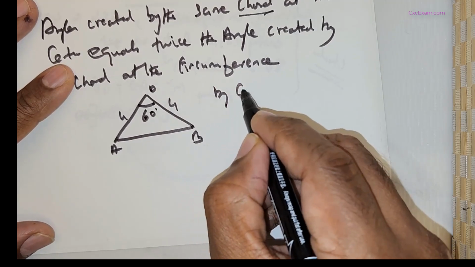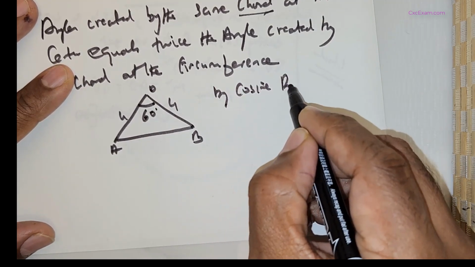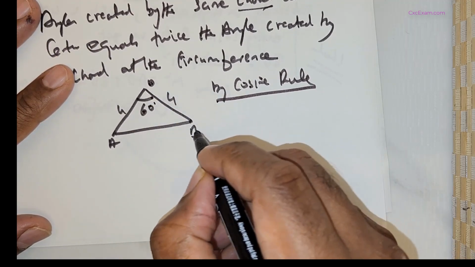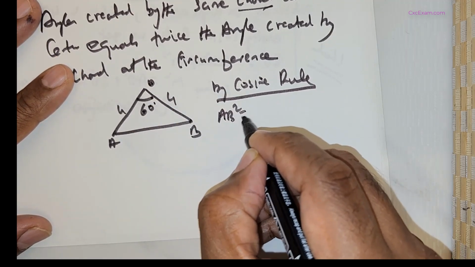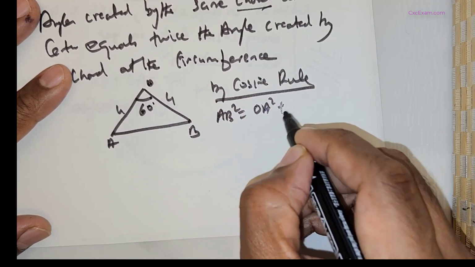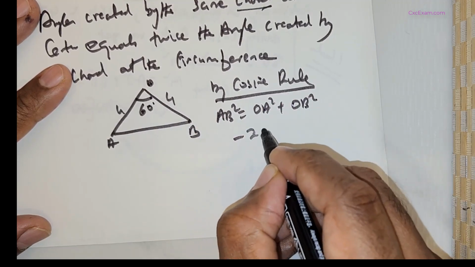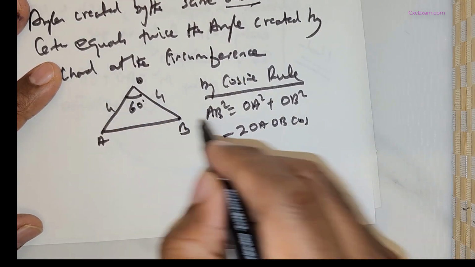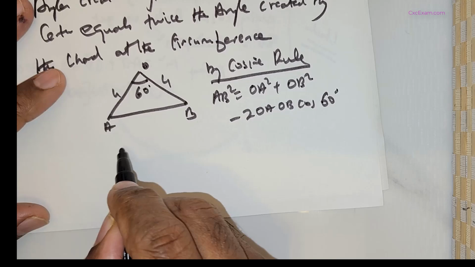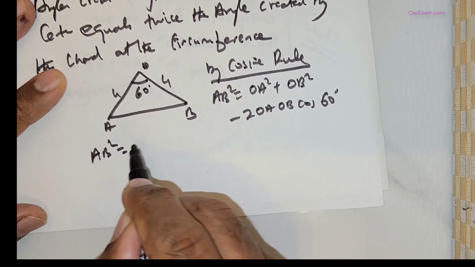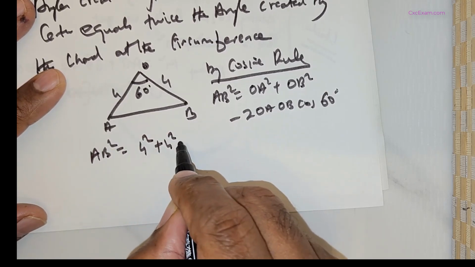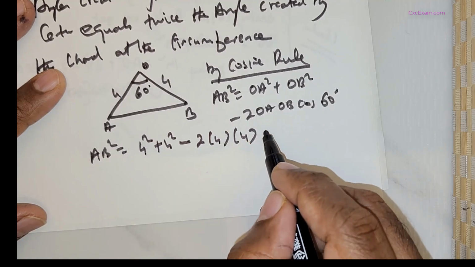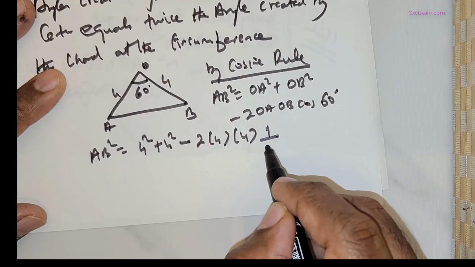So I will use the cosine rule. By cosine rule, this distance AB squared is equal to OA squared plus OB squared minus 2 times OA times OB times cosine of the angle between them, 60 degrees. So AB squared is equal to 4 squared plus 4 squared minus 2 times 4 times 4 times cos of 60, which is 1 over 2.